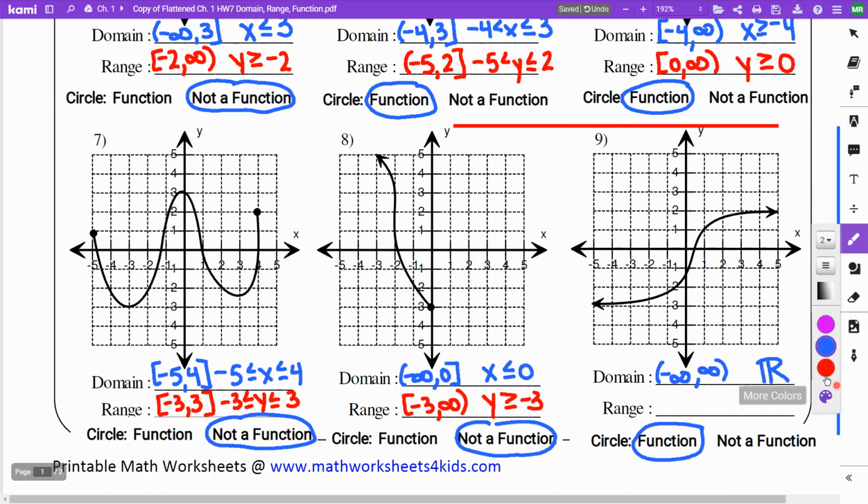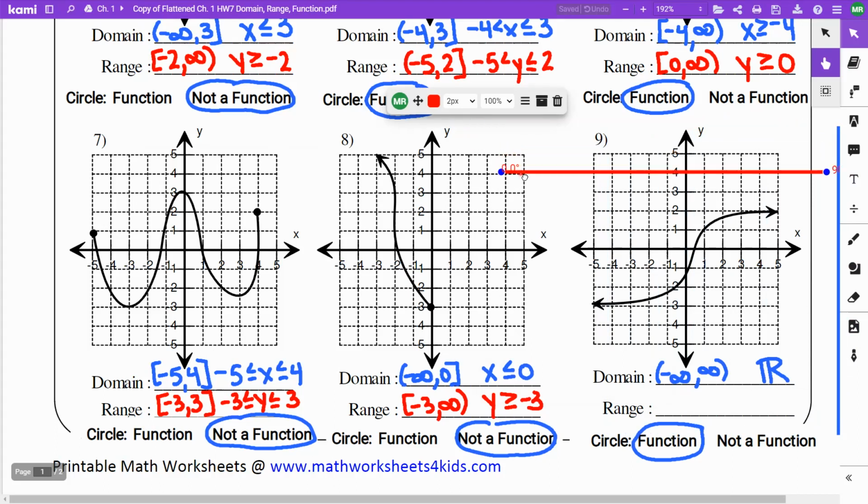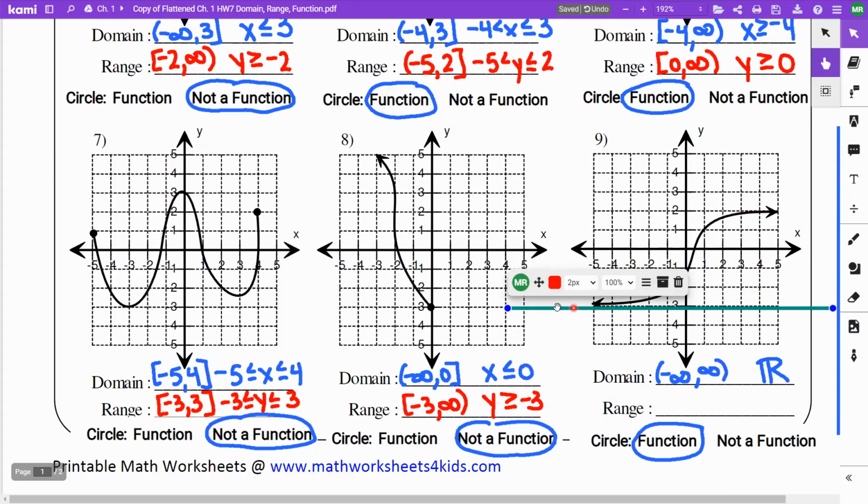For my range, it looks like this is going down, but it's also going to be going down forever.